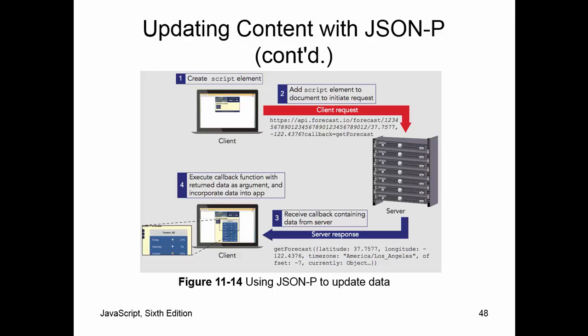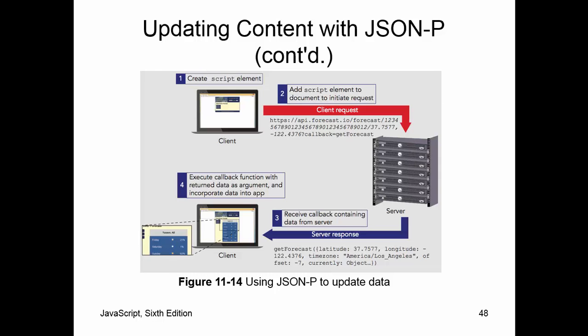You create the script element, you add the script element to the document to initiate the request, you receive a callback containing data from the server, and you execute the callback function. All this information is packaged into the URL specified in the source attribute.